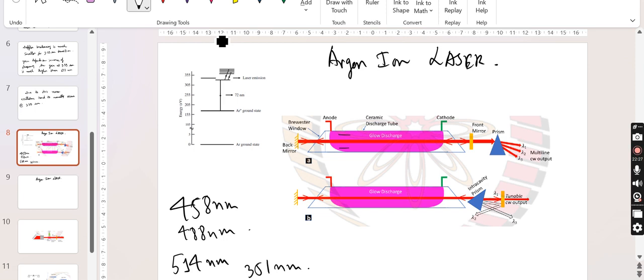This essentially increases the current density by keeping the electrons and ions near the center rather than allowing them to collide with the walls of the discharge tube.